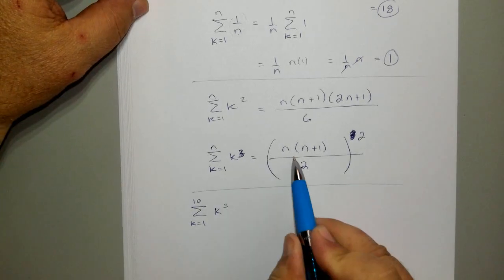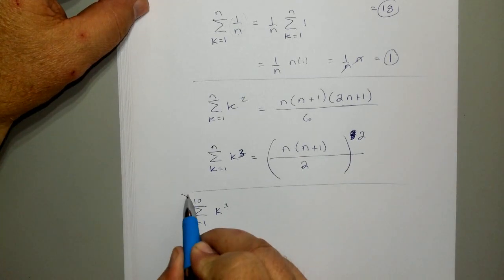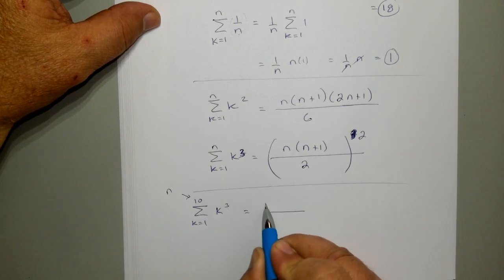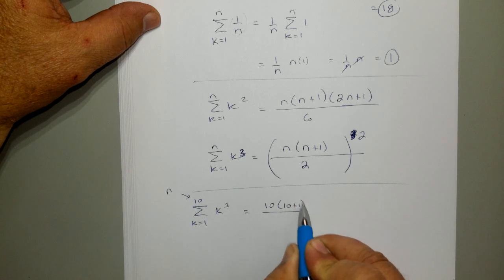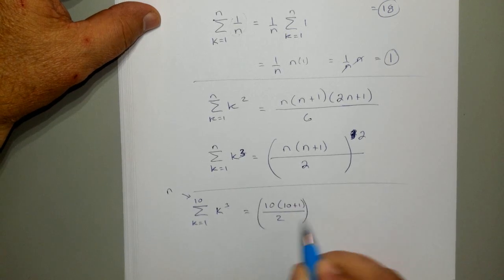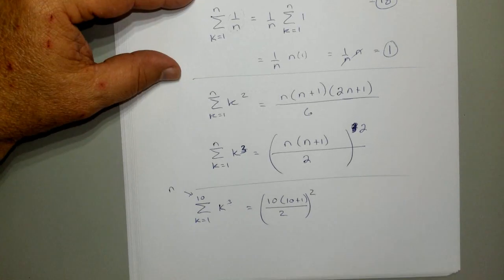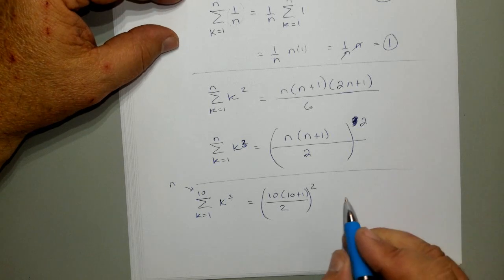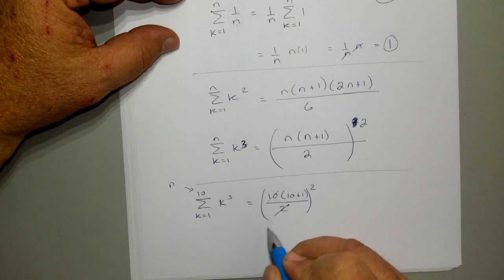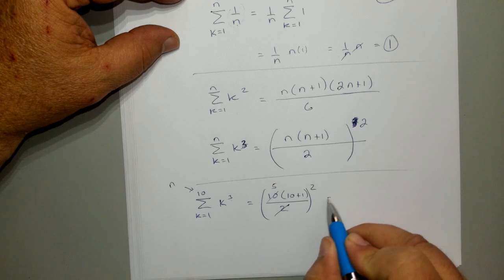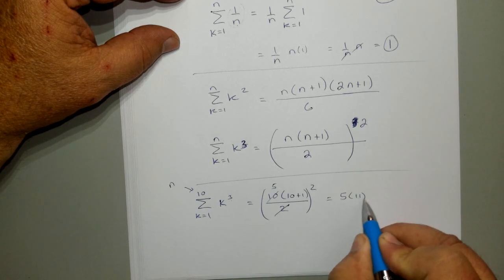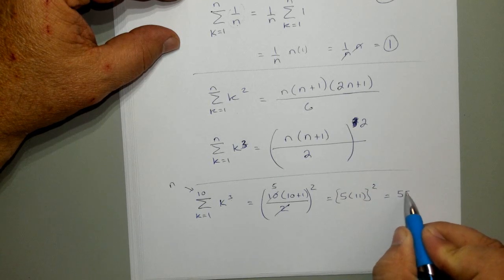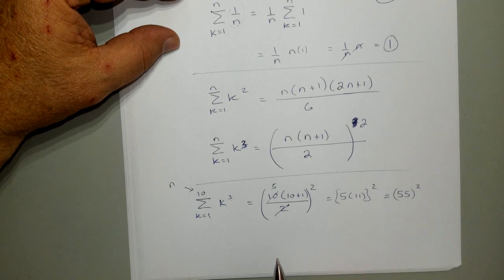Or, since it's a cubic function, I could use this formula. Remember, this number up here is n. So n, 10, times 10 plus 1 over 2. The 2 and the 10 cancel. 5 times 11, squared. 55 squared.